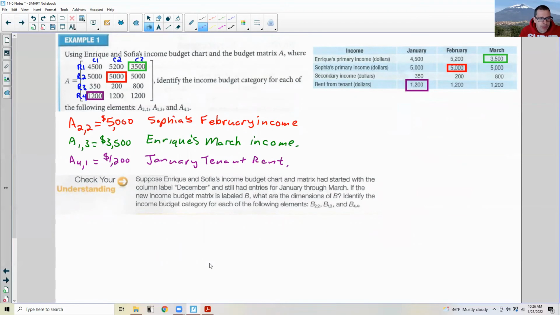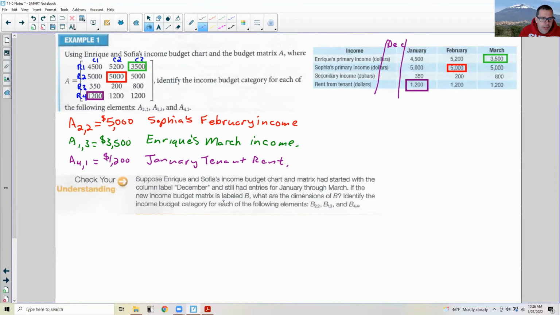It says, suppose Enrique and Sophia's income budget chart and matrix had started with the column labeled December. So what they're saying is we're going to put another column right here and call it December, with values, and it still has entries for January through March.